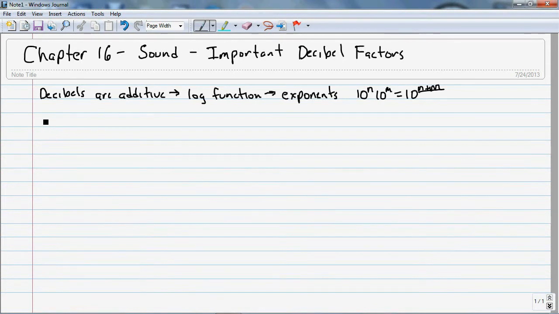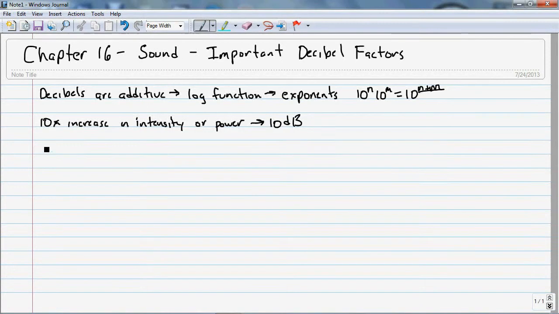Now, if we have a 10 times increase in intensity or power, then we've just done 10 dB. We've increased or decreased by 10 dB.